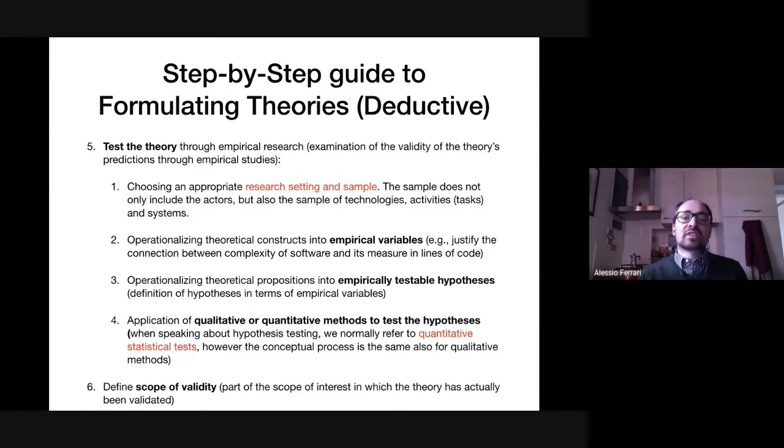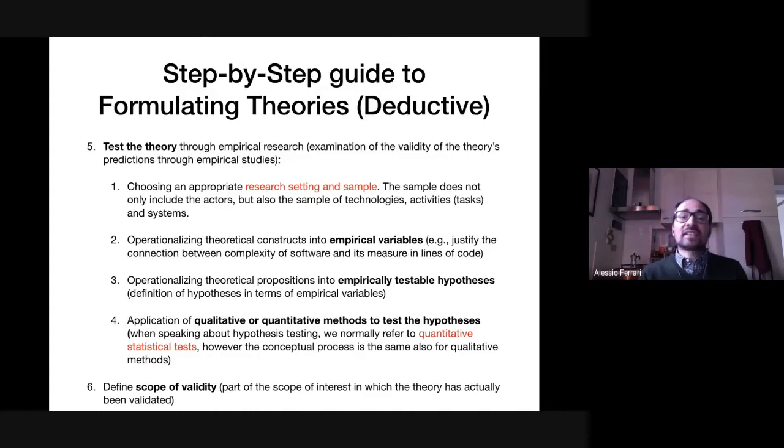I have to select a research setting and a sample. By sample here, I mean not just actors, but activities, systems, all the components that I can use in reality to identify my constructs and to test my theory.